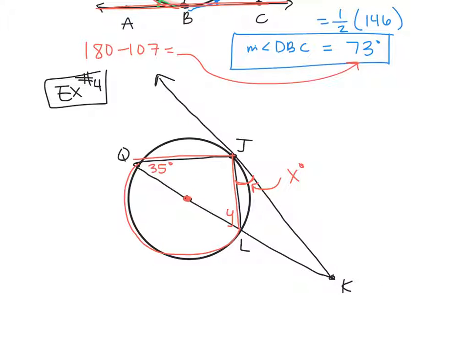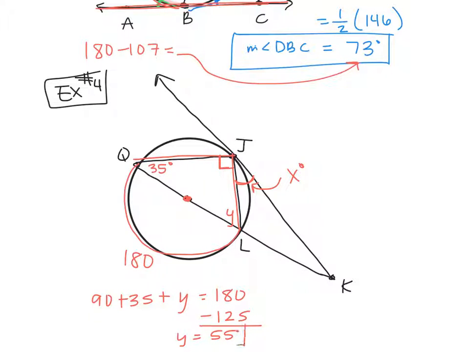Because it opens to a semicircle, which is 180, that makes this J 90. And now you have a triangle where you know two of the three angles, right? So you would do 90 plus 35 plus Y equals 180. So take away 125, and Y is 55 degrees.